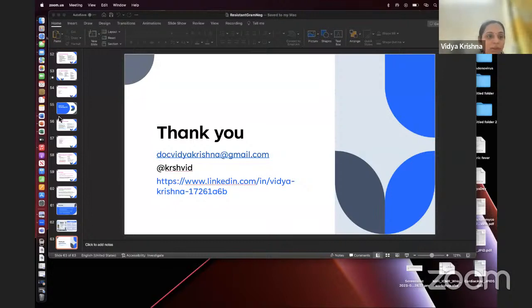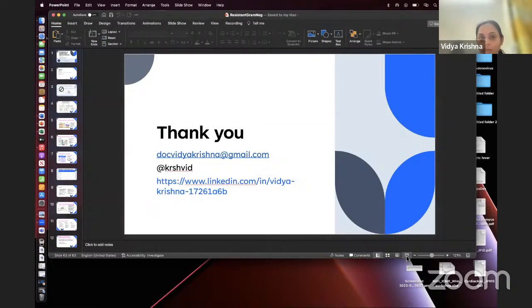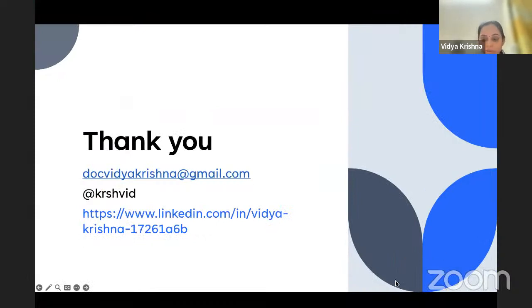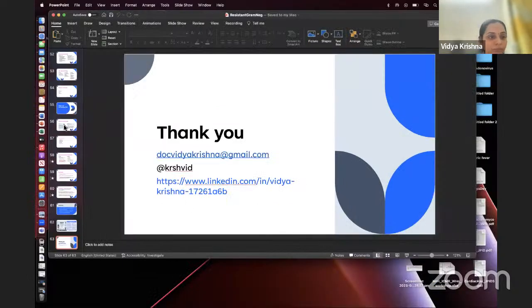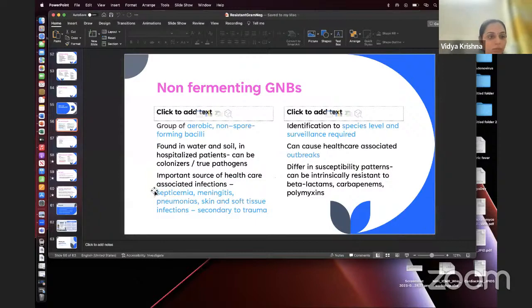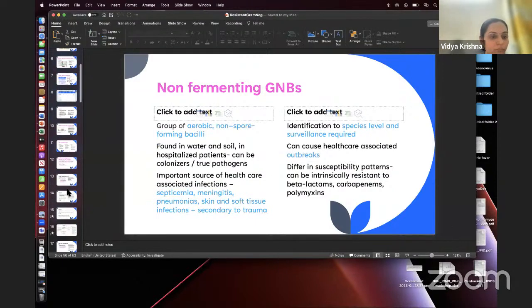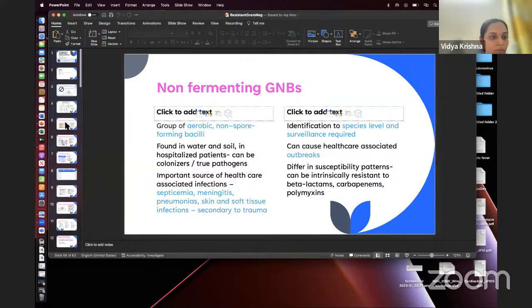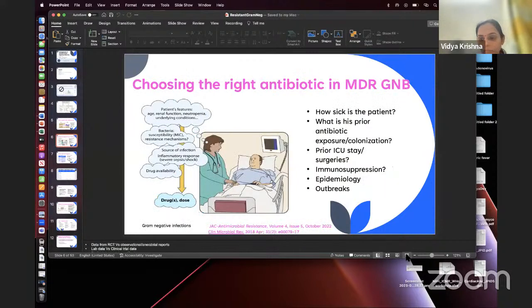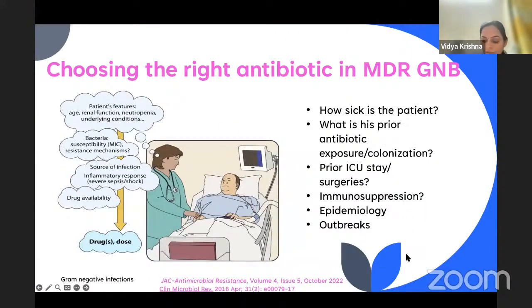So somebody wants to see the empirical antibiotic slide. I'll try sharing. I'm sorry, I have to see. Was it this one? I'm not sure which one.